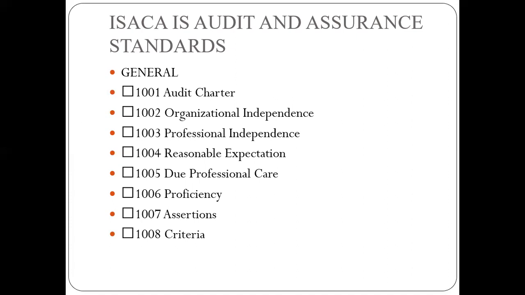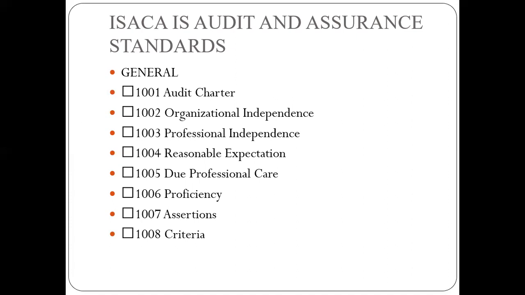If I want to audit business continuity and disaster recovery in an organization, what audit criteria will I use? I will use ISO 22301. If I want to audit financial statements in an organization, at least in Nigeria and some other countries that have adopted IFRS, I will use IFRS, the National Financial Reporting Standard. That's what we mean by criteria.